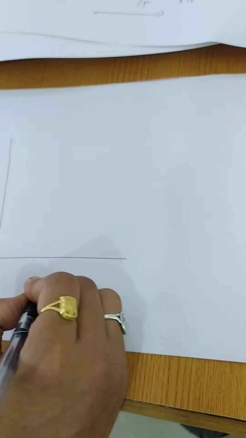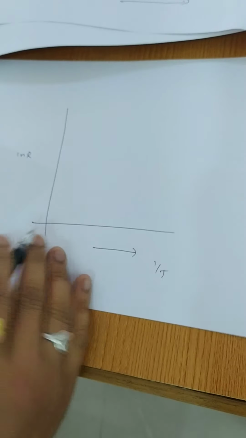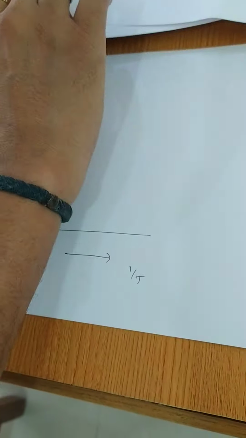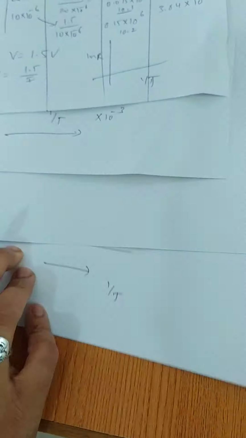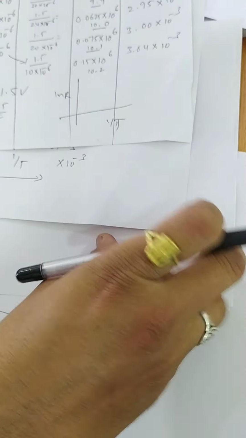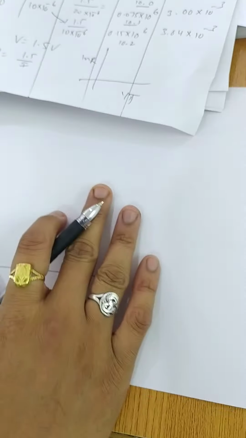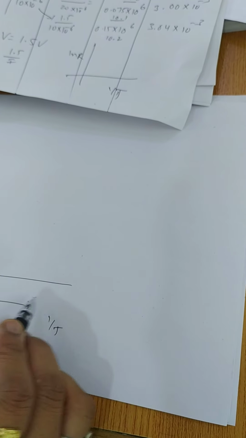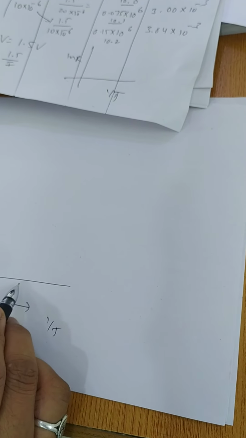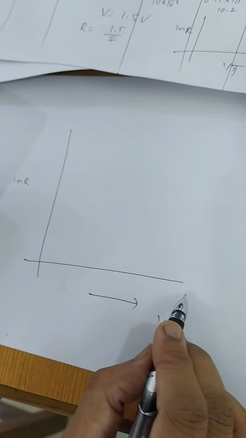So now I am going to draw the graph between ln of r versus 1 by t. Okay, so now we have the values 2.8. So this one 1. Okay, so now what you do, just simply take the values 2.8, 2.9, 2.3, 3.4 in the y of t.